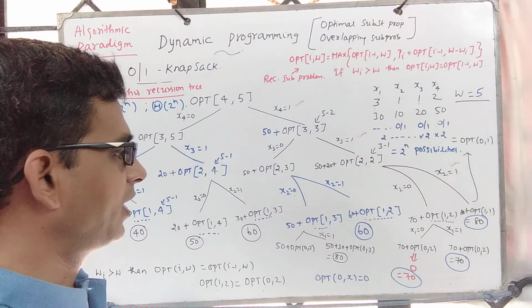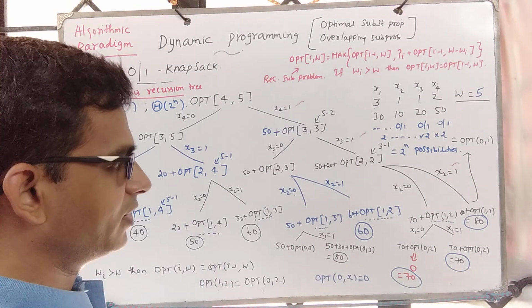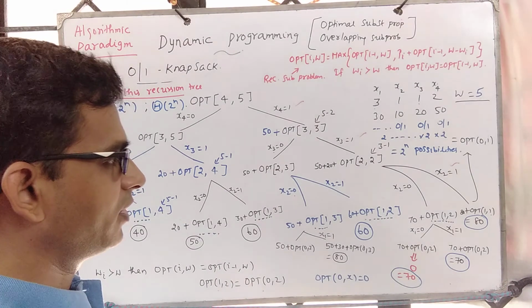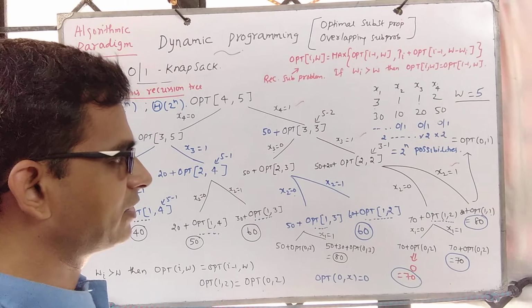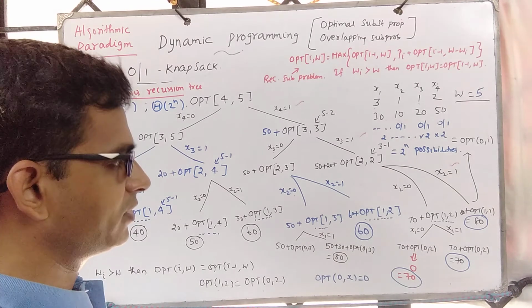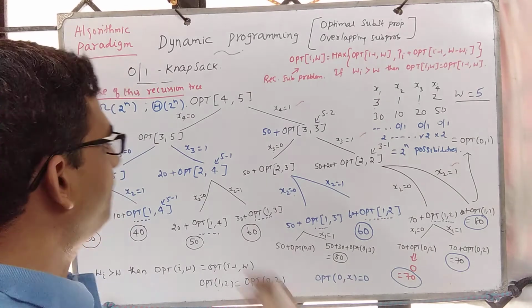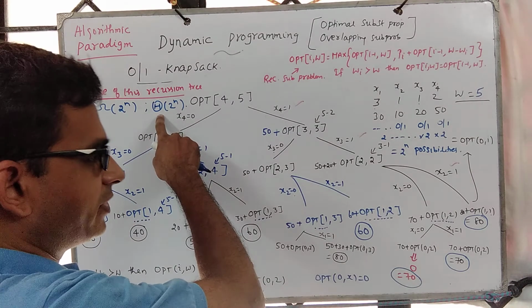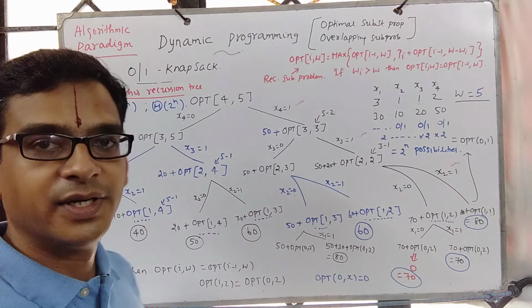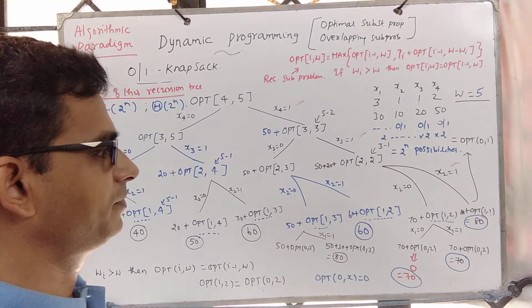Fine. And now suppose this recomputation is avoided, then we are saving some effort. Does that help us to bring this complexity to polynomial in n? That's an interesting question which we shall see next.